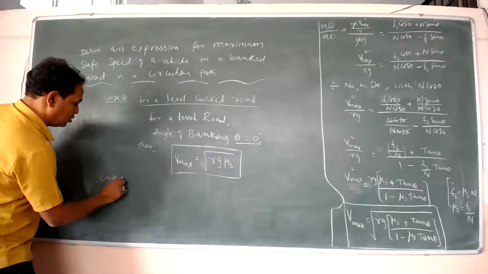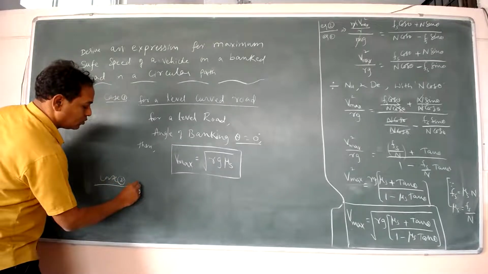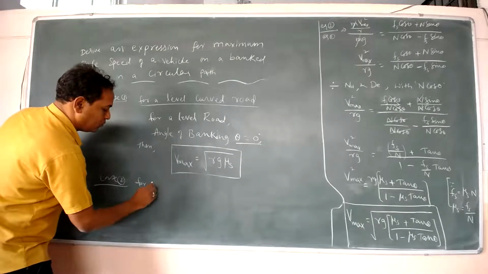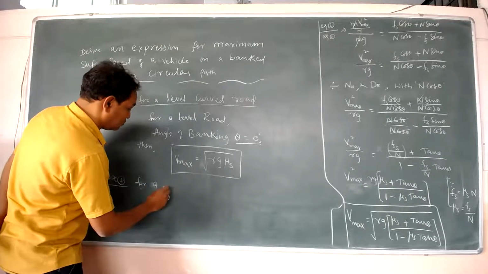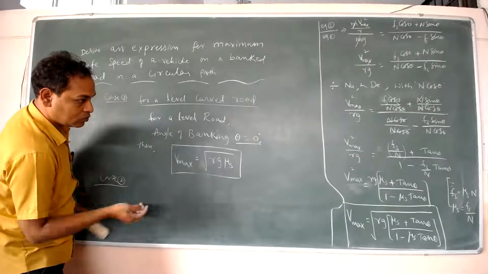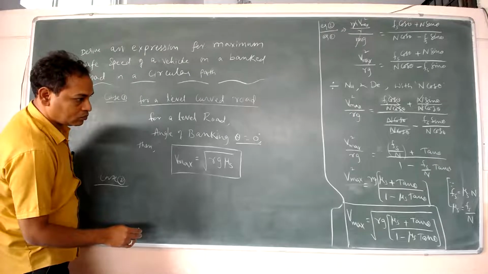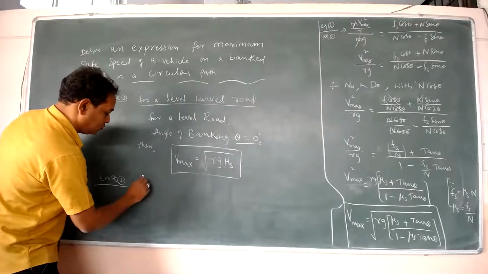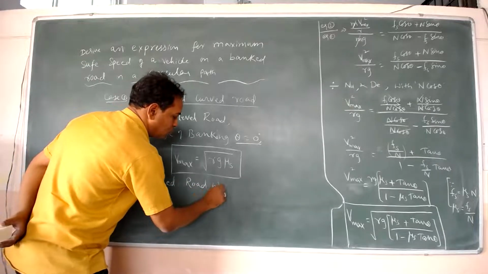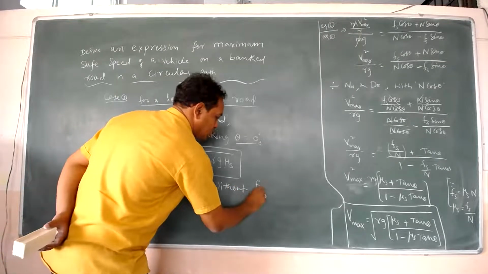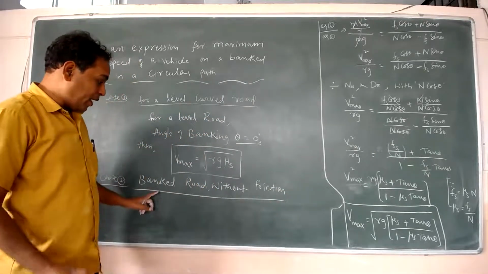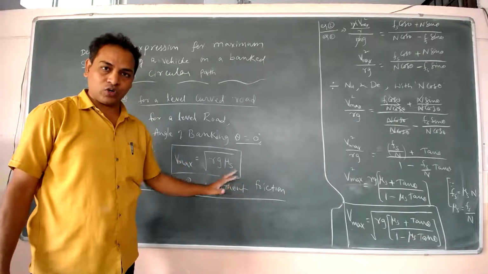Second case, case 2: now the second case is a banked road without friction, or a frictionless road.